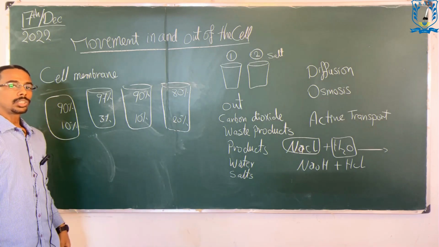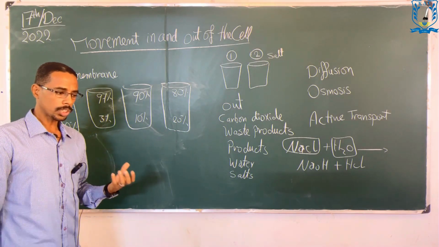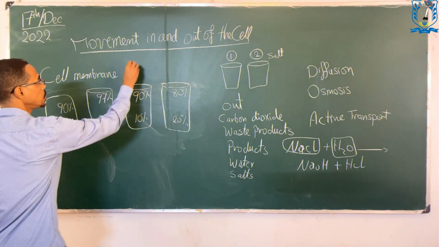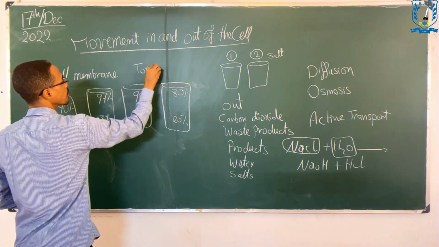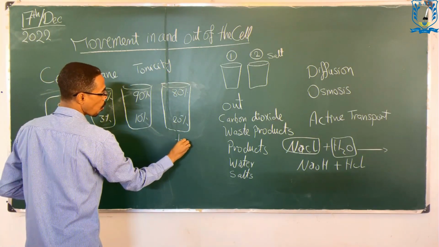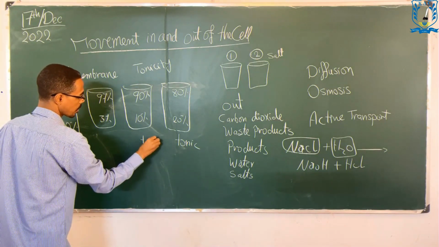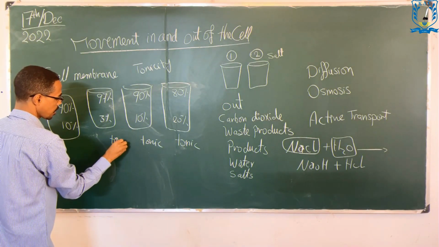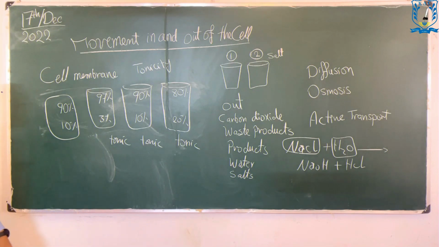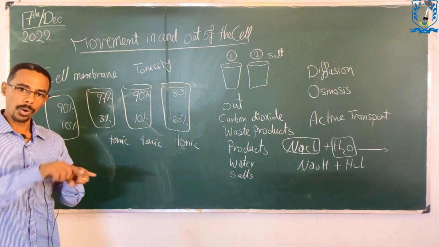Okay, the concentration of solute refers to the word tonicity. So these solutions will end with the suffix tonic. We have a term used as a prefix to indicate higher or lower or equal.